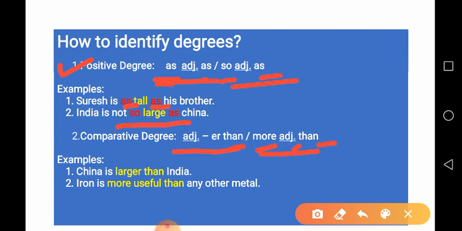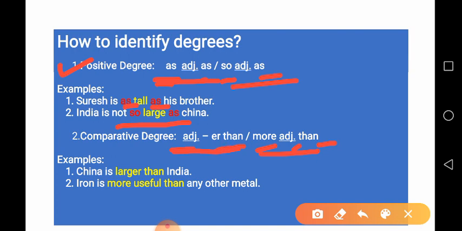When an adjective is written like it is given here, this is called a comparative degree. See that we use er, we added er to the adjective and later we write than.